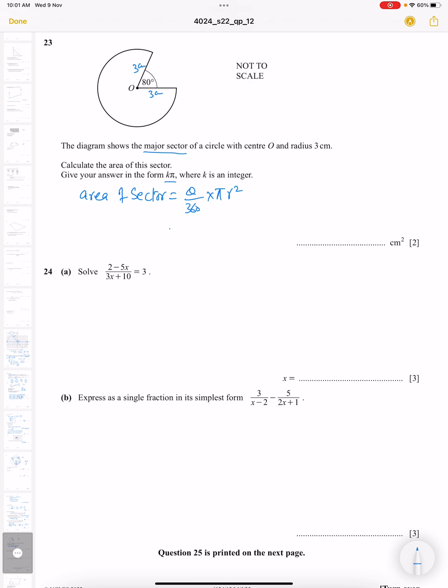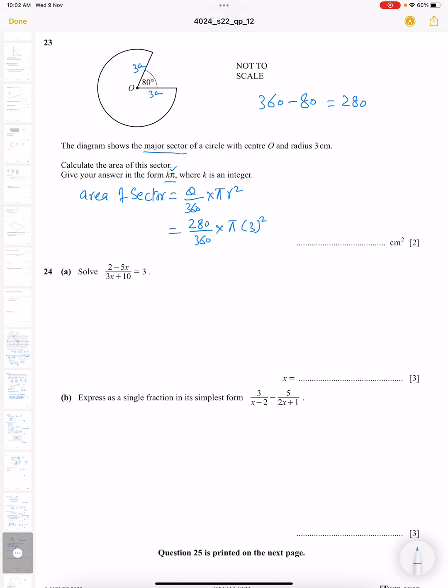You know that. Theta, the angle of the major sector, will be 360, as 360 is the full circle, so 360 minus 80. That will be 280. So it's 280 over 360 multiplied by pi. Since we have to give the answer in the form of k pi, we won't put the value of pi, times 3 squared.